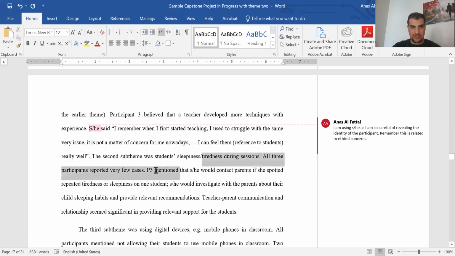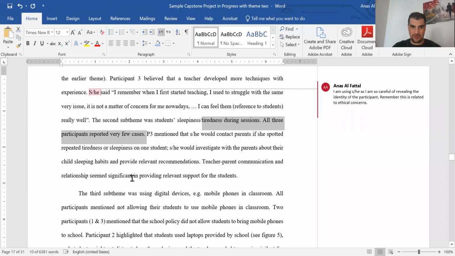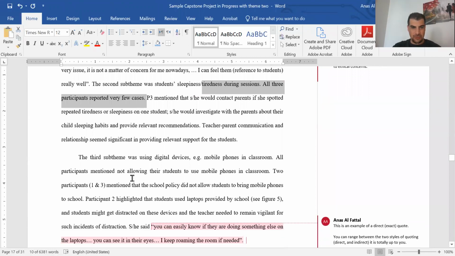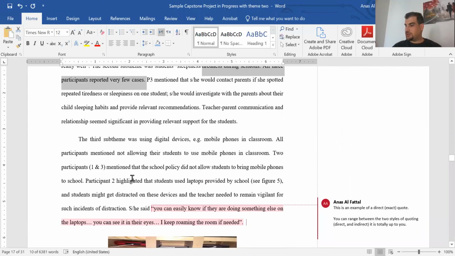Here you see the teachers reported very few cases. So maybe this is not a very important issue. The third sub-theme was using digital devices. Again, teachers said no devices were used. Of course, the reference here is to the mobile phone. They don't use the mobile phone in the class.